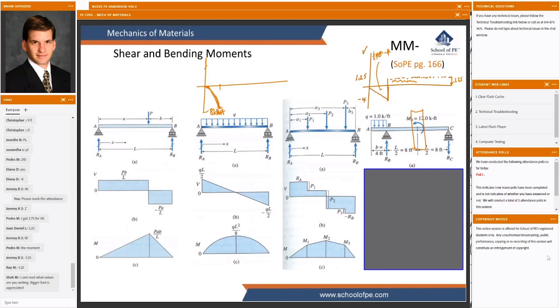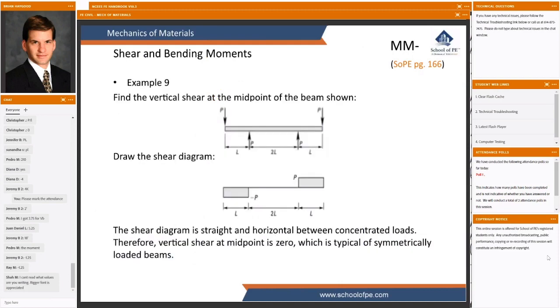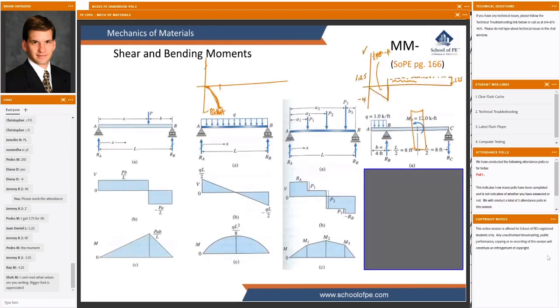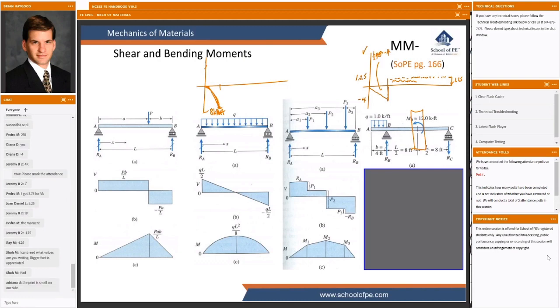Can't read what I'm writing on any of them? Okay. I will try and write them a little better. You're using a phone, so you're using a small screen, ostensibly, right? Okay. So what will the magnitude of our moment be at the 12-foot mark?